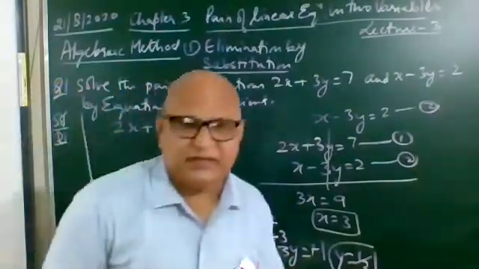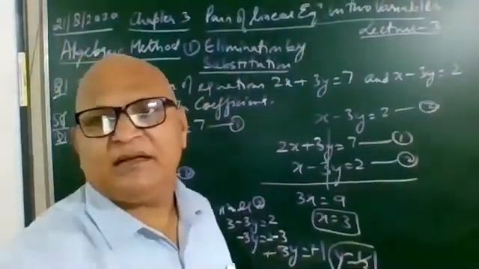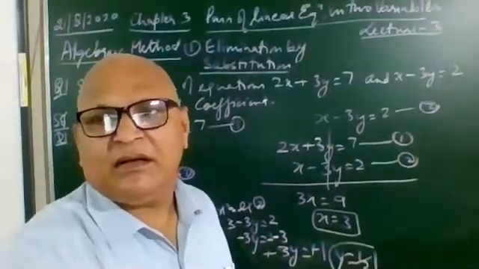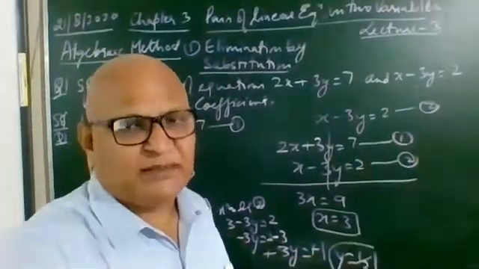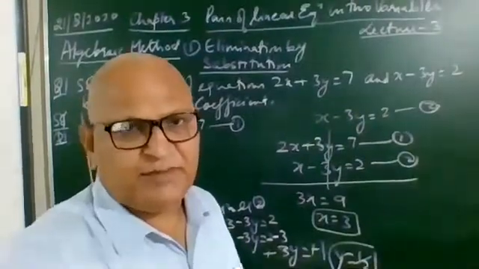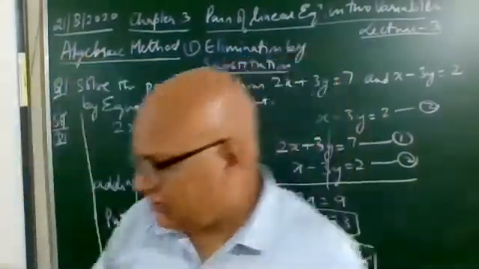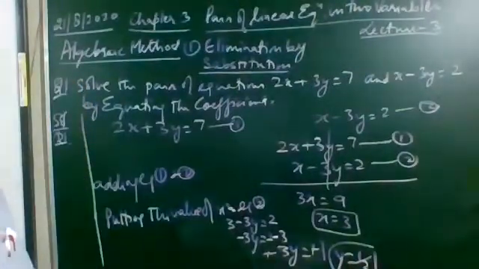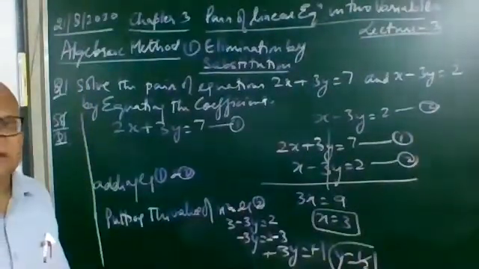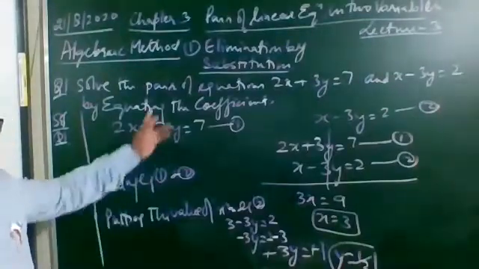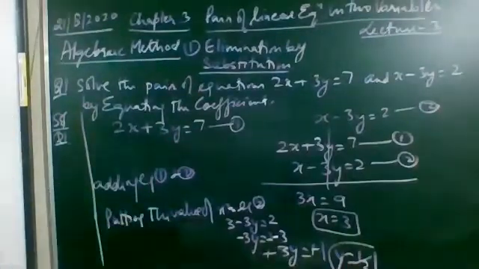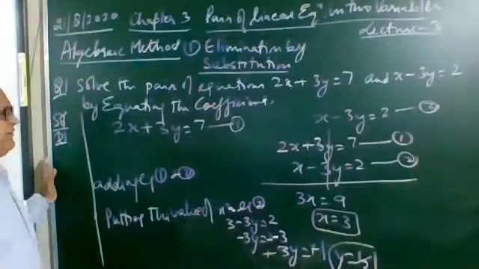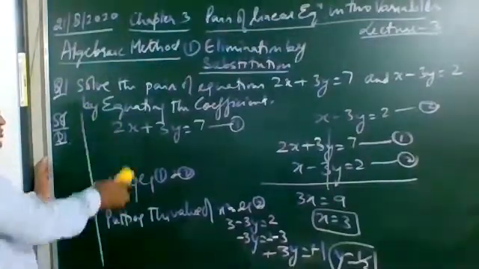Now the third method is the cross multiplication method. I think this method is not in your syllabus, but I am explaining this because after the 10th class you will be using that method. So sometimes if the question comes, if you are not studying maths, then good.